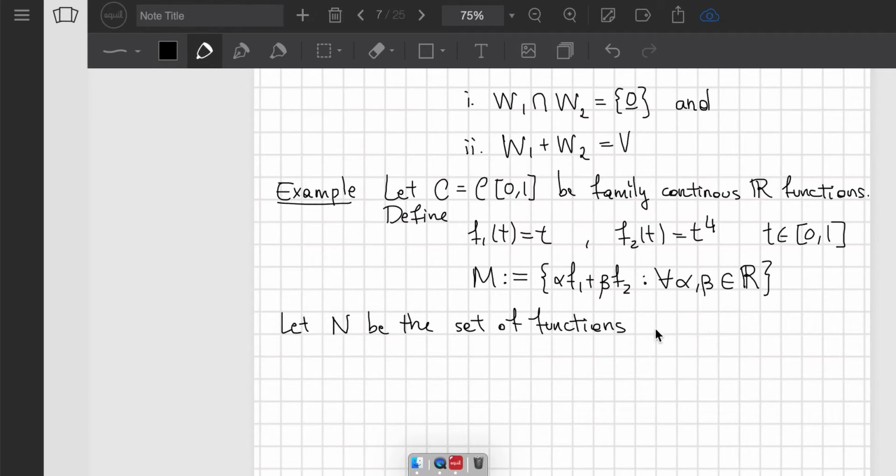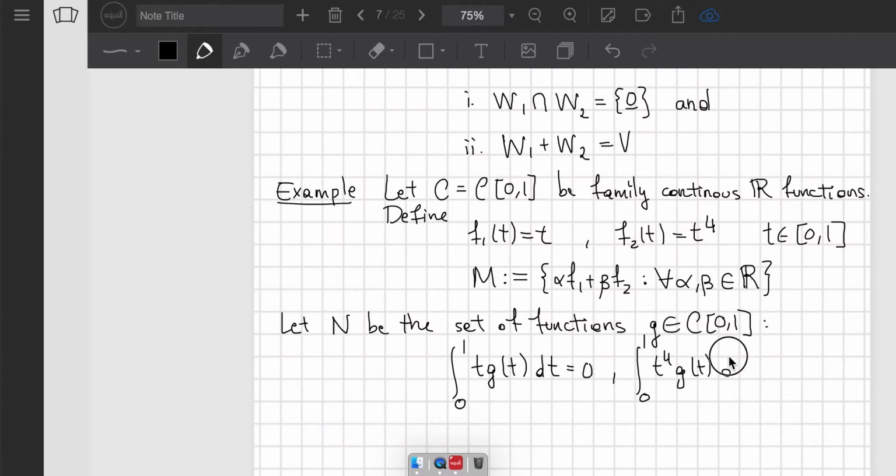g belonging to C which satisfy this rule: the integral from 0 to 1 of t times g(t) dt has to be equal to 0, and also the integral from 0 to 1 of t to the 4th times g(t) dt must also be equal to 0.